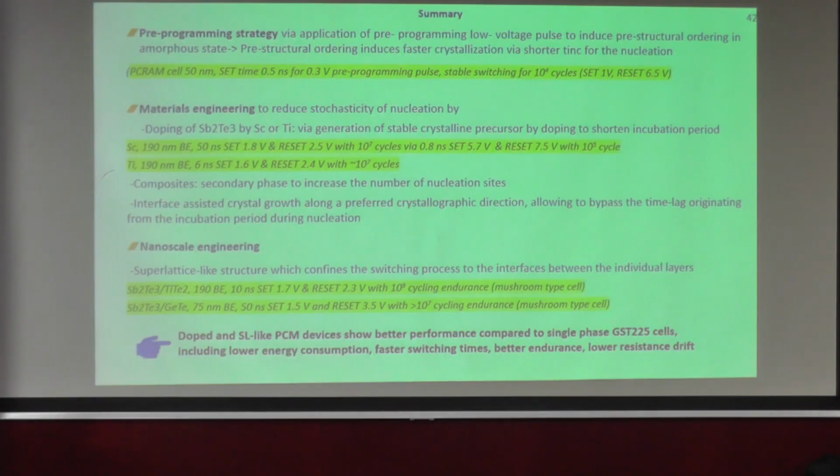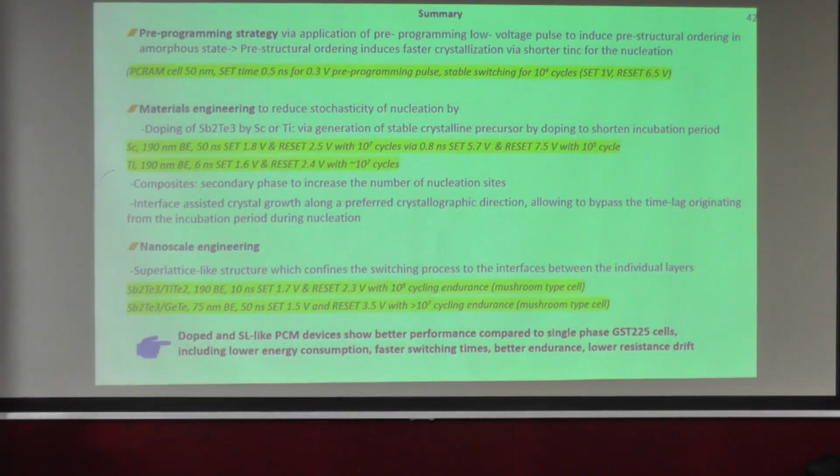Then, if you want to speed up crystallization of your material, you can improve it by reducing the stochasticity of nucleation of single phase change materials. Here we considered the introduction of scandium or titanium into the amorphous material, and both compounds stabilize these ABAB units.